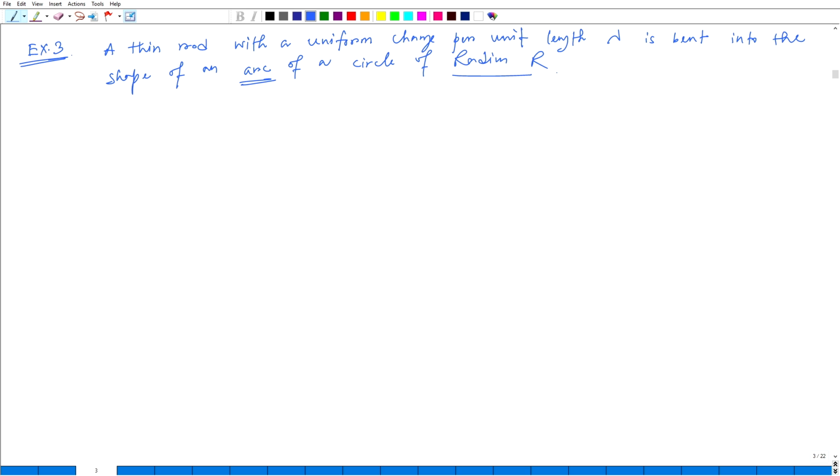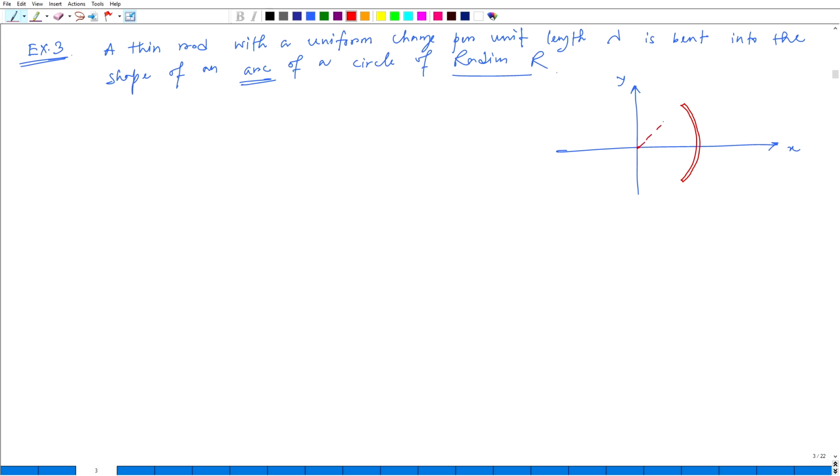And the arc subtends a total angle 2 theta naught and is symmetric about the x axis. I have not written it, I just drew the picture. So, what it tells basically: if we draw the x axis and y axis and consider an arc, this arc is symmetric about the x axis, and the total subtended angle is 2 theta naught.